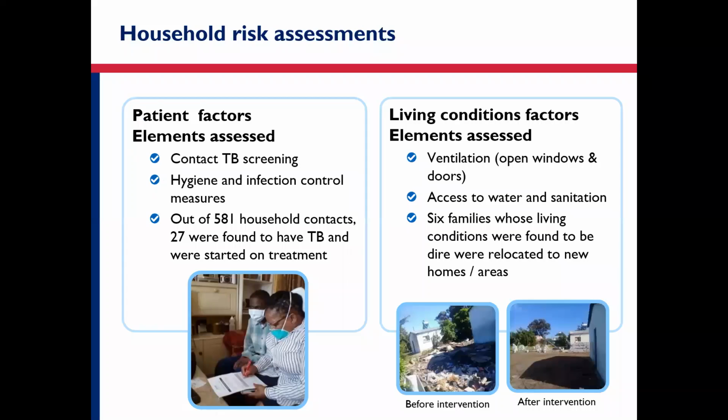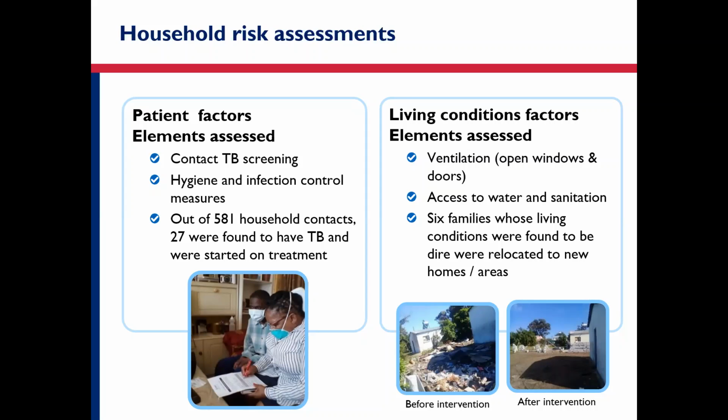So as part of our intervention, when we implemented the tool, 581 household contacts were assessed. And 27 patients were found to have TB and were started on treatment. And with living condition factors, 6 family members whose conditions were found to be dire were relocated to new areas.